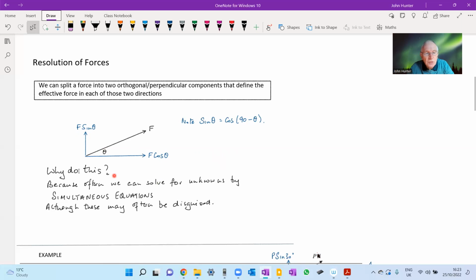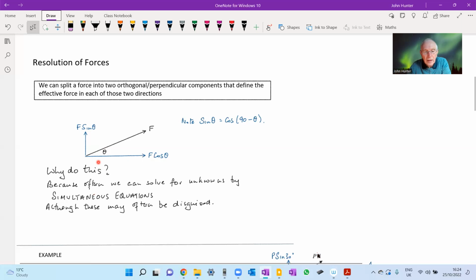But anyway, why do we do this? Why do we want to split it into two things? Very often it can help us to solve the problems. That's the be all and end all of it, really. Because what's happening in the horizontal direction and what's happening in the vertical direction are potentially, in many ways, independent. So this is quite useful, and when we look at some examples of problems, this will probably become clearer.